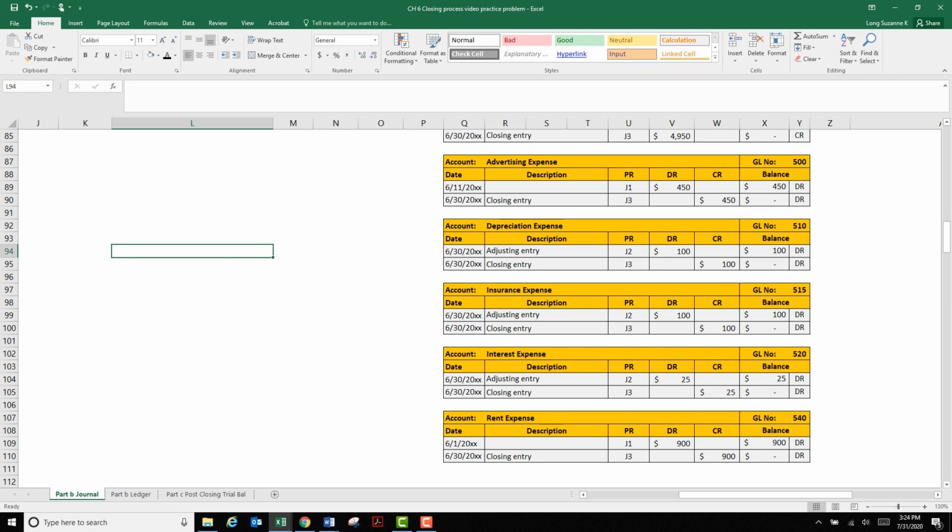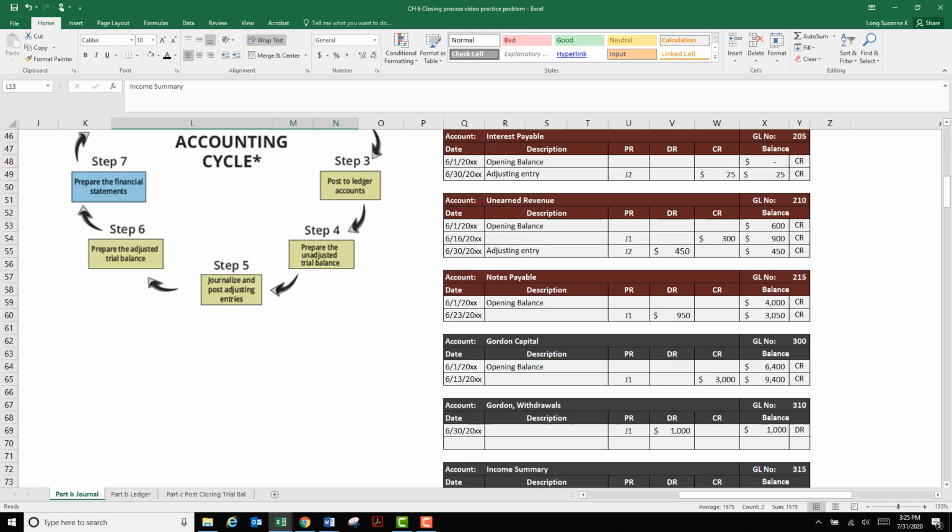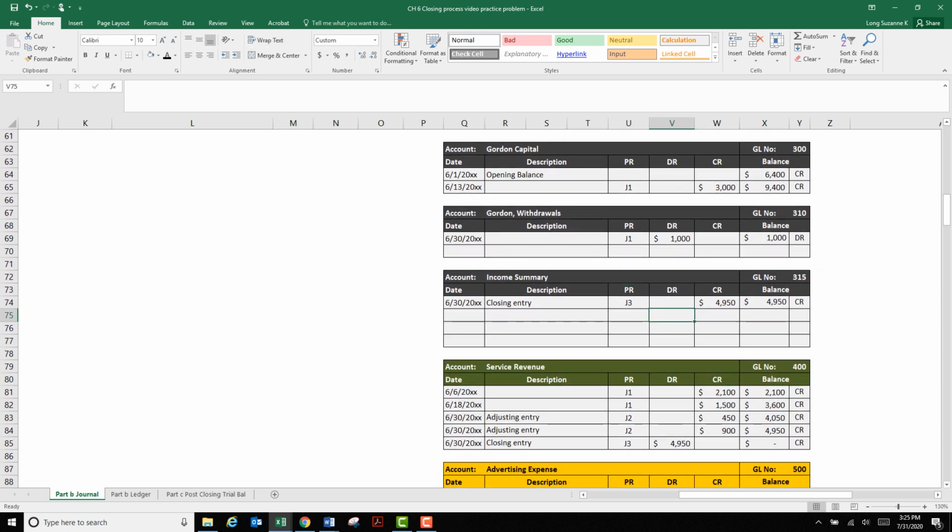Okay, that takes care of credit, credit, credit, credit, credit. All those credits in that closing entry right here. Those are all posted. Now I need to post debit income summary. This is a closing entry. Oh, let me get all 3.